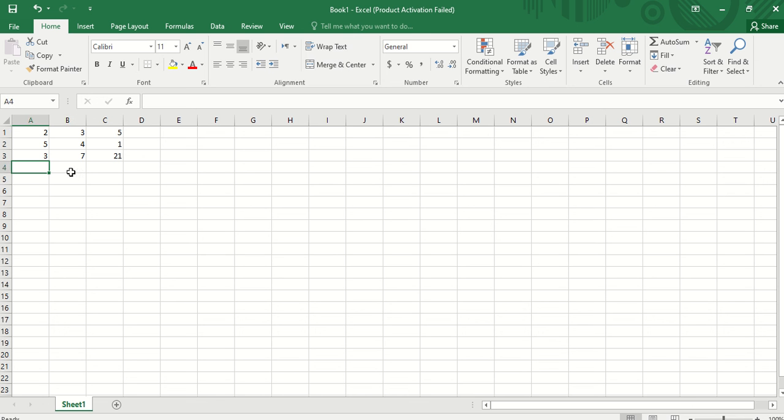Like this, if we want to divide, suppose I write 10 here and 5 here. So is equal to this number, divide by this number. This slash sign is divide in Excel. Enter, 2.